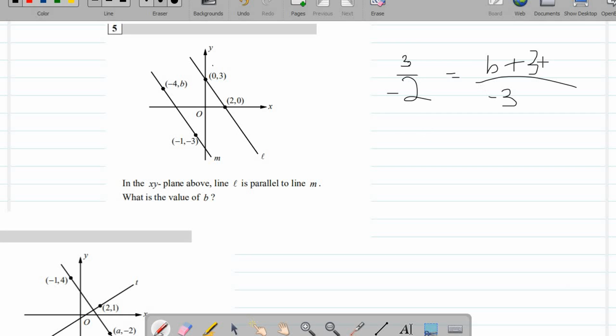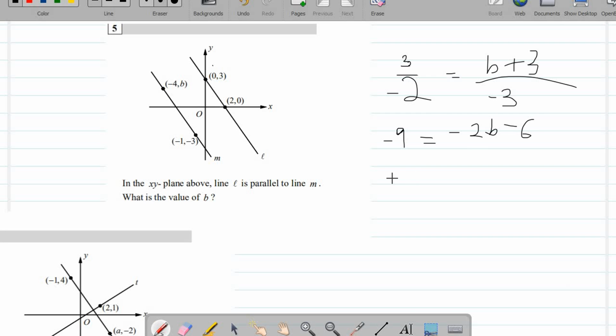And then b plus 3 minus 4 minus minus 1, minus 4 plus 1, so this is correct. So let's crisscross it again. Minus 3 times 3 is minus 9, equal to b plus 3, that's minus 2b, and minus 2 times 3 is minus 6.